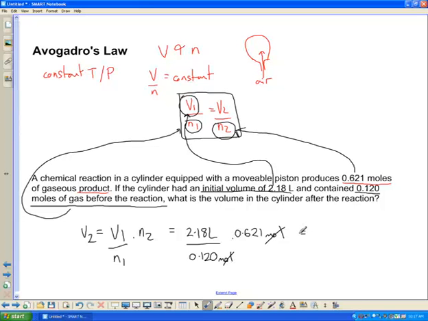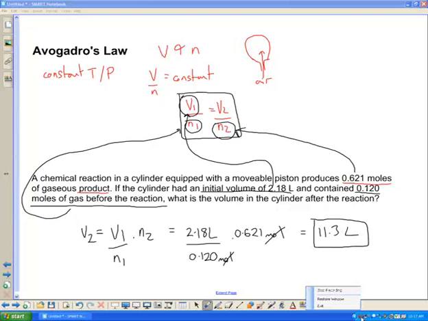So that is, okay, let me try that again. 2.18, that's divided by 0.120 times 0.621 gives us a new volume of 11.3 liters. Alright, so as our number of moles went up, our volume went up as well. So those are the three simple gas laws. And that's it. Thank you.